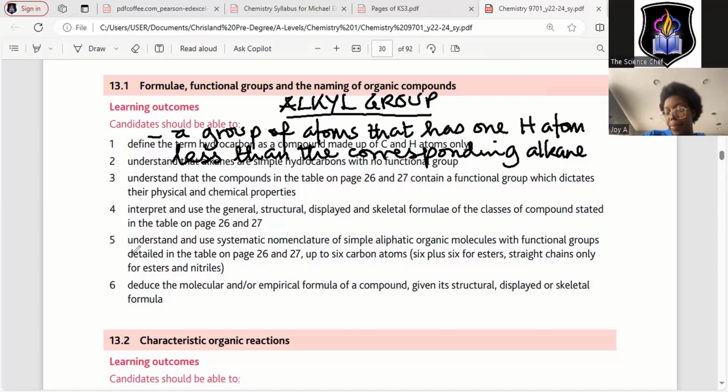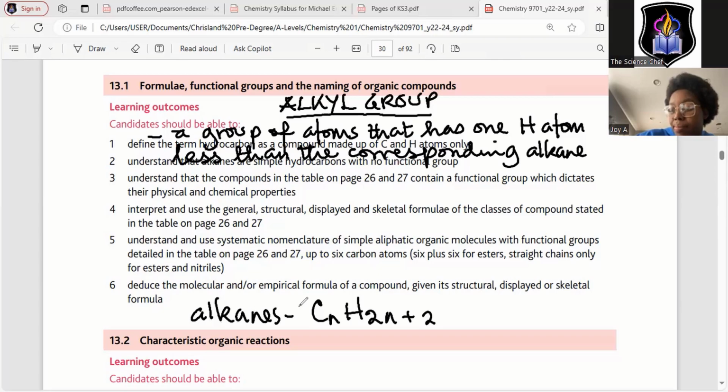Yes, sir. Remember, the alkanes have a general formula CnH2n plus 2, right? Yes, sir. So if the alkyl group has one hydrogen atom less than the alkane, what do you think will be the formula for an alkyl group? CnH2n plus 1.